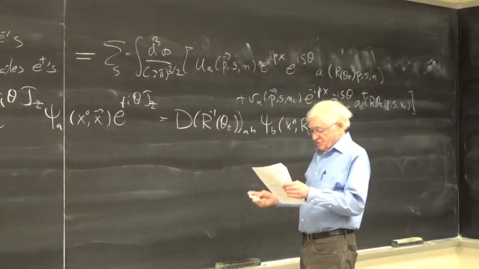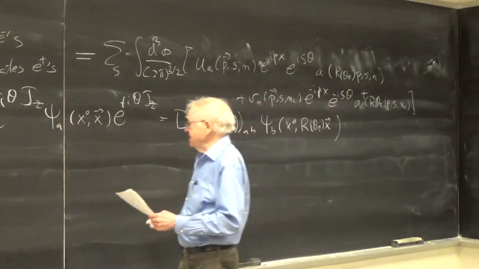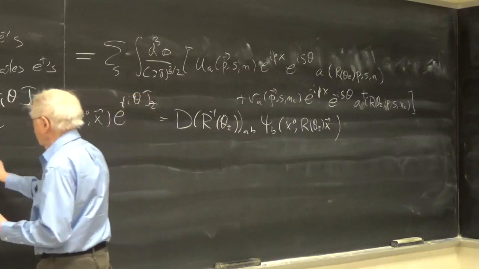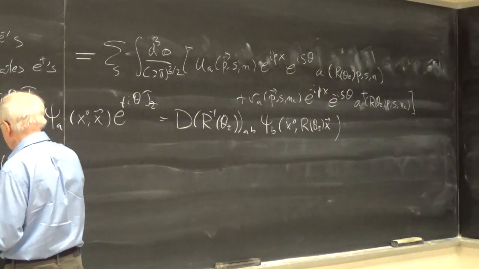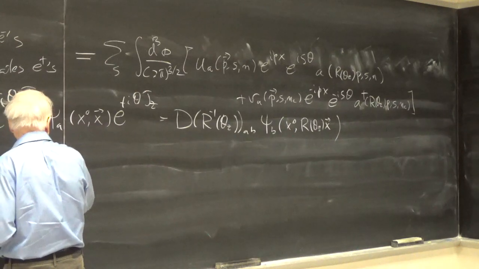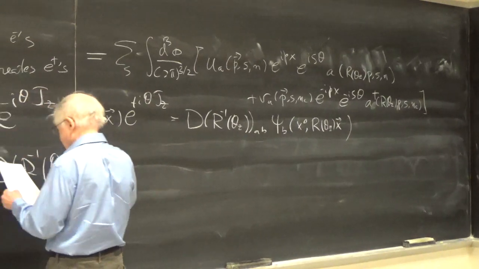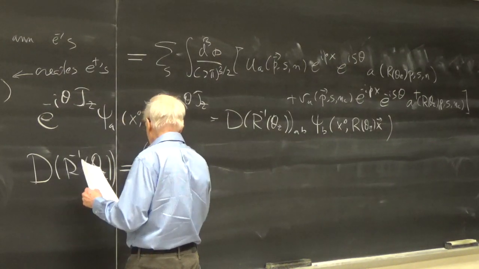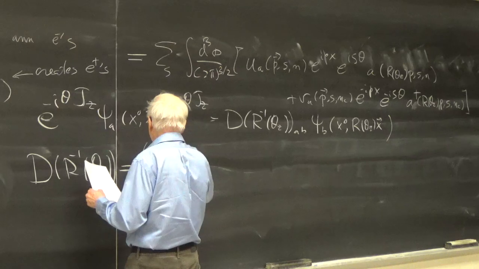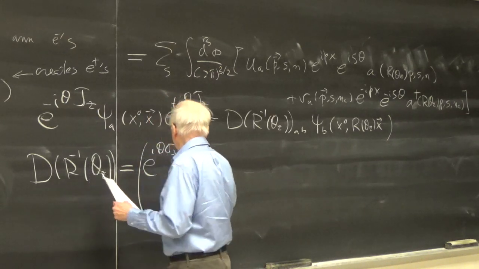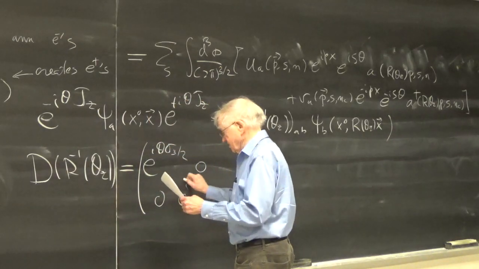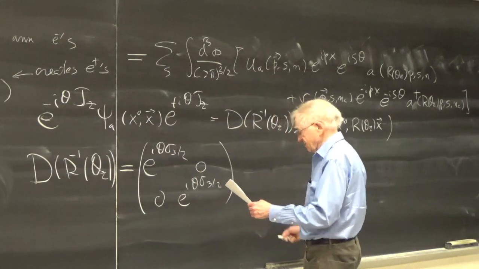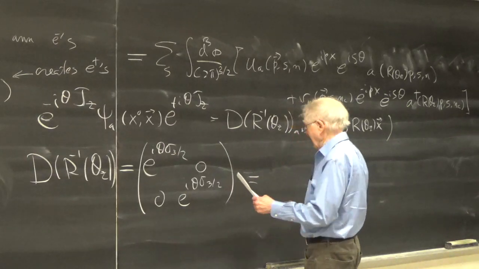This, though, is an inverse rotation, and this D of R inverse of a rotation about the z-axis is e^{iθσ3/2}, 0, 0, e^{iθσ3/2}. So that's a 4x4 matrix, and in particular it's completely diagonal.